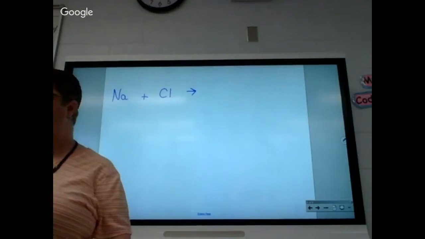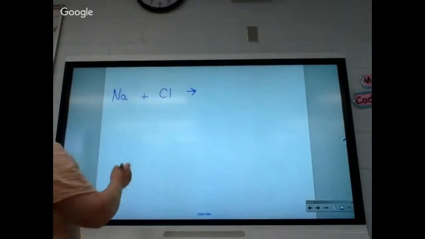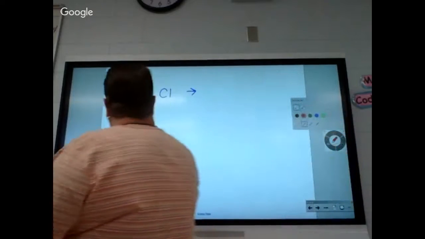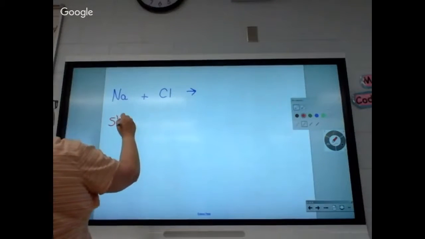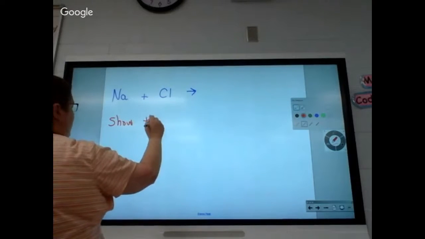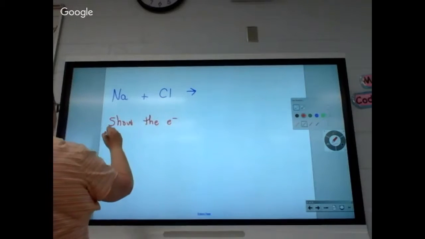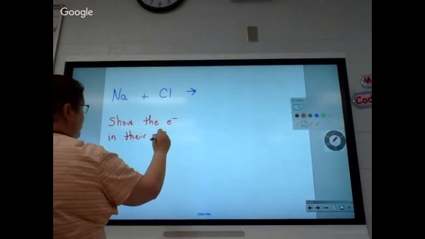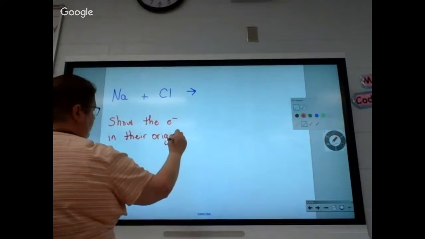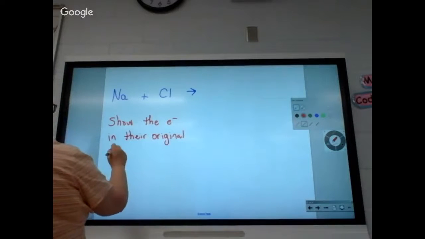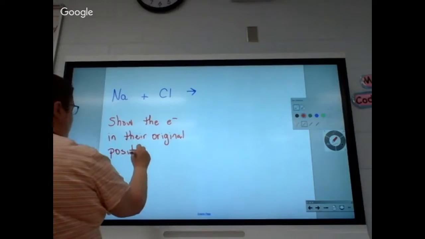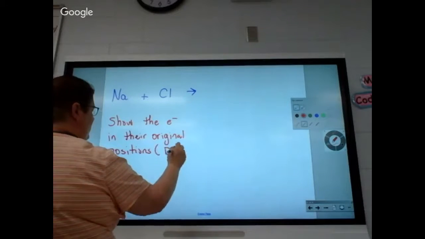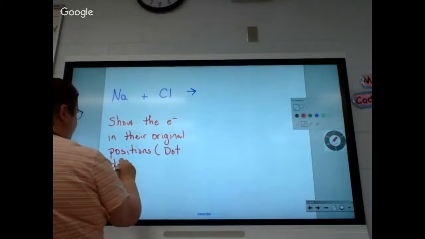Now, on the left side, we show the electrons in their original positions. It's essentially a dot diagram.